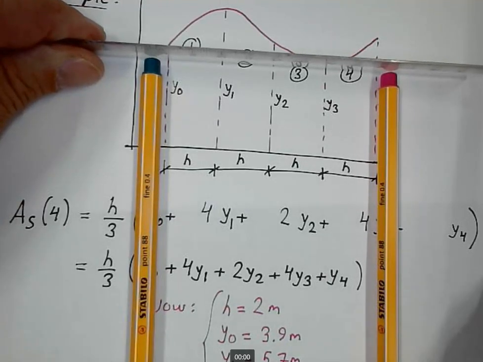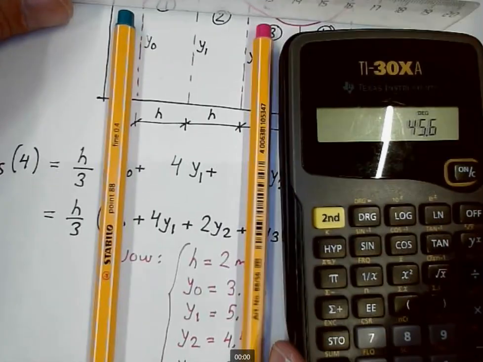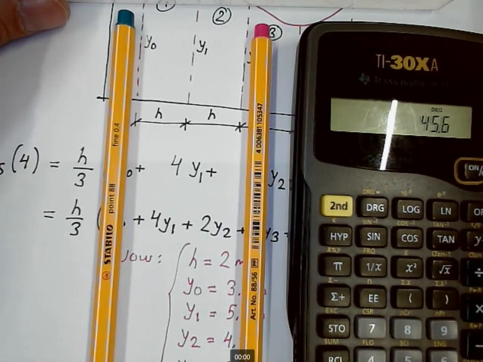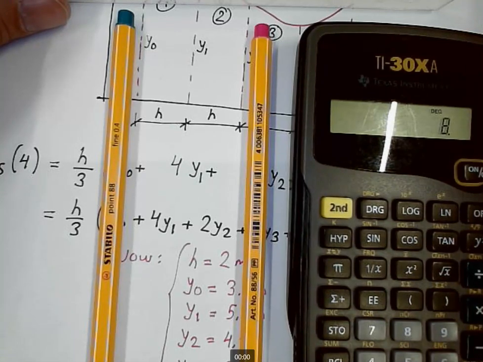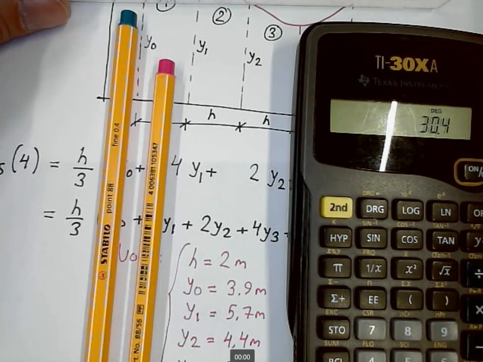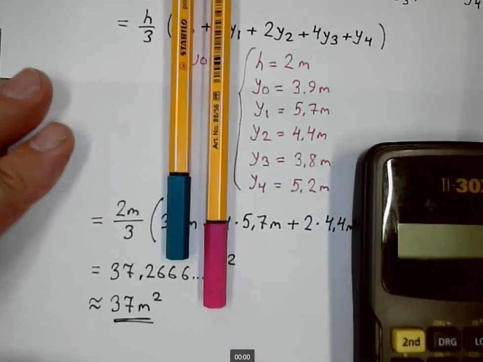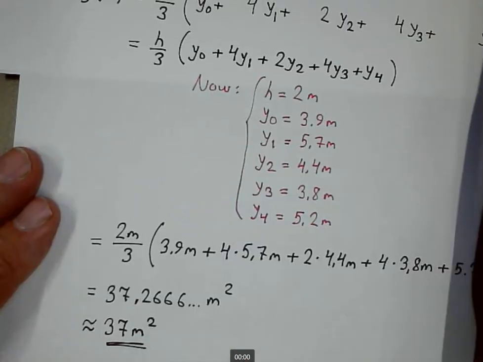And if we calculate that, so this was the maximum area, and the minimum area would be 8 times 3.8, 30.4 square meters. So as we see, this is okay. It seems quite reasonable to get this kind of value.